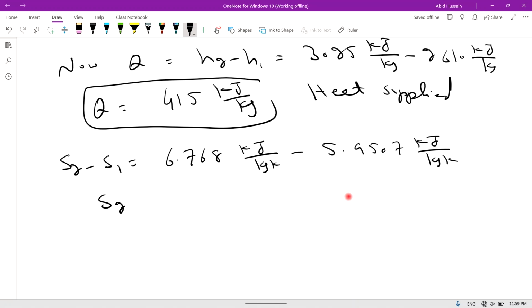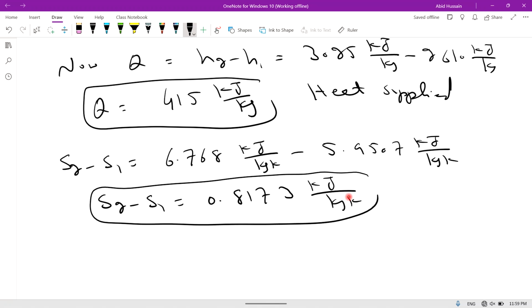So S2 minus S1 is equal to 0.8173 kilojoule per kilogram per Kelvin. This is change in entropy, and entropy is increased. This is increase in entropy. And problem 4.1 is completed.